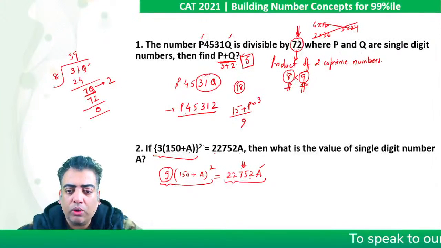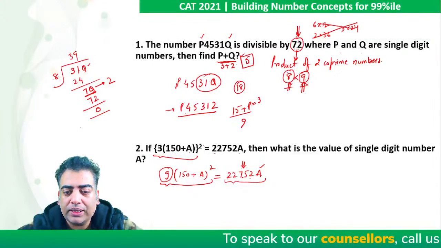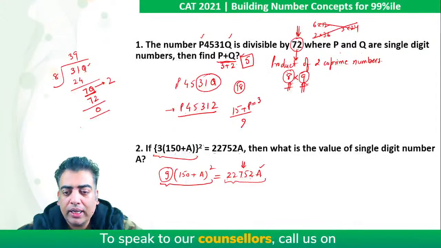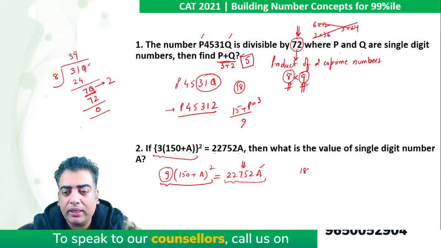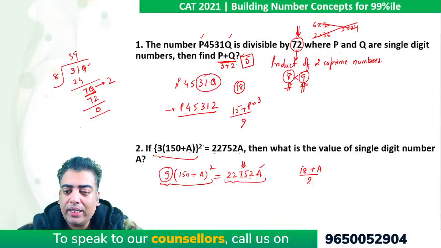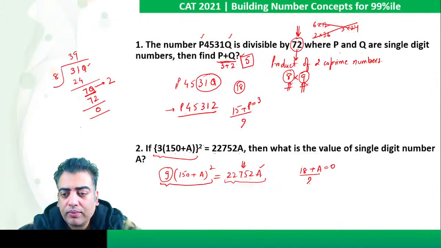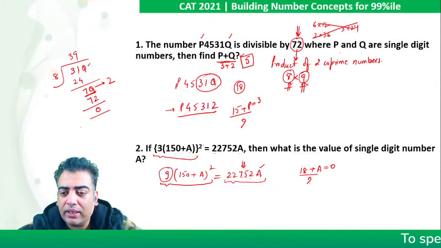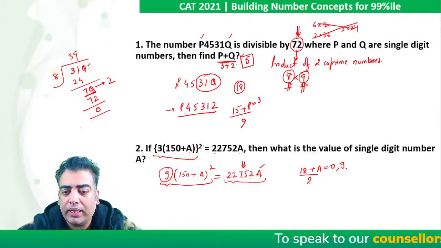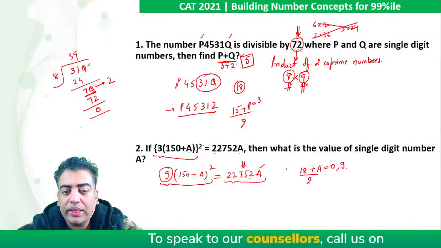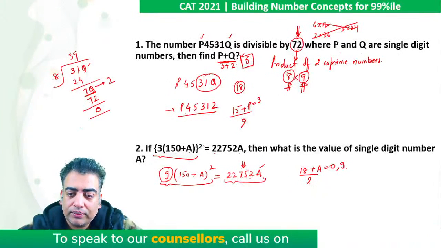So if I add all the digits, 4 plus 7 is 11, 11 plus 7 comes out to be 18, plus A should be divisible by 9. 18 itself is a multiple of 9, so we can say A can be 0. Or 18 plus 9 is 27, A can also be 9. Now we need to check which one will fit here.